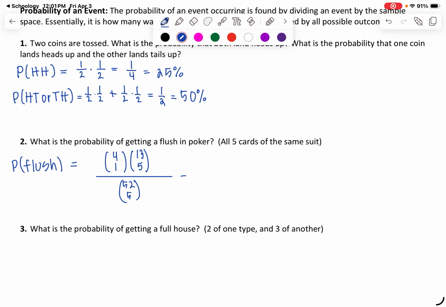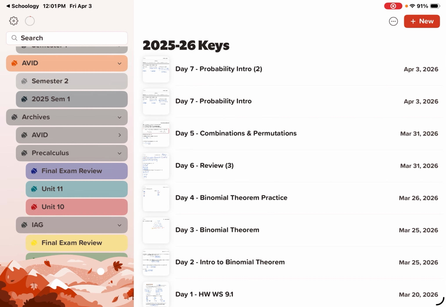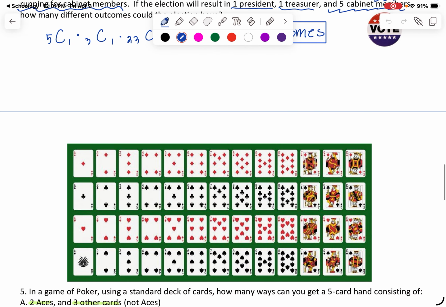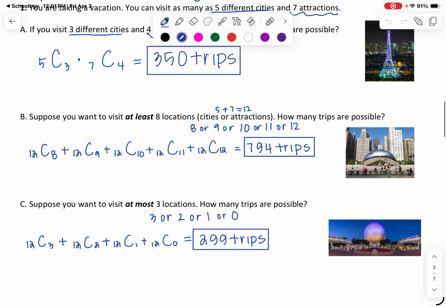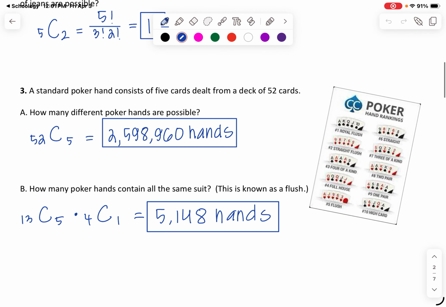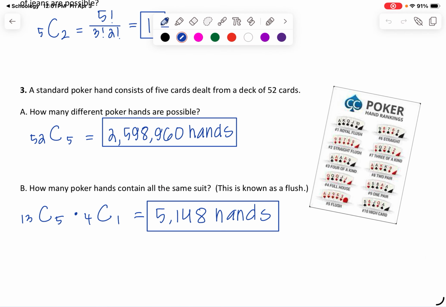Instead of putting this in my calculator, I'm going to go back to my old notes because we already did that. 52 choose 5 was 2,598,960. And 13 choose 5 times 4 choose 1 was 5,148.